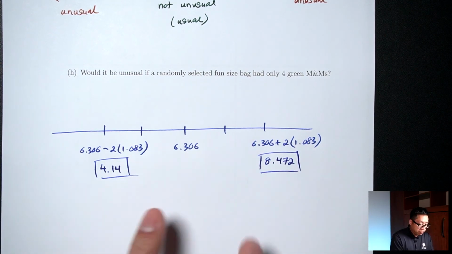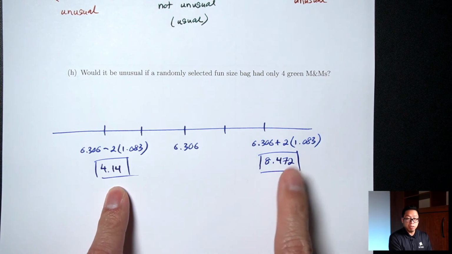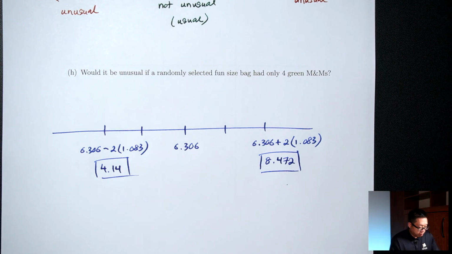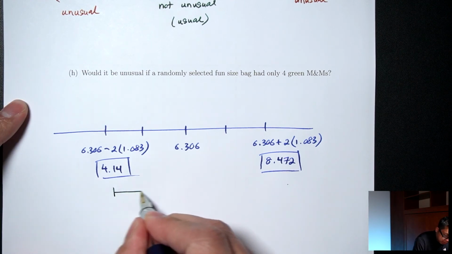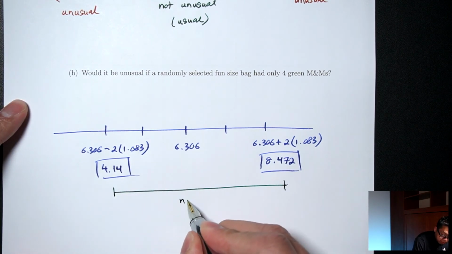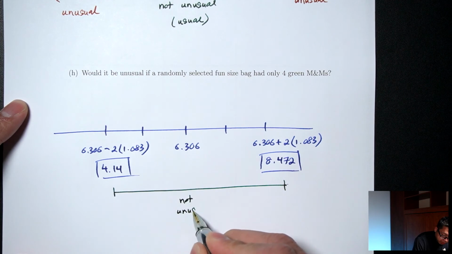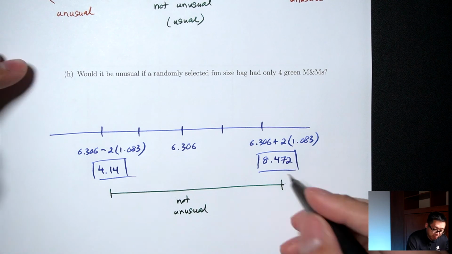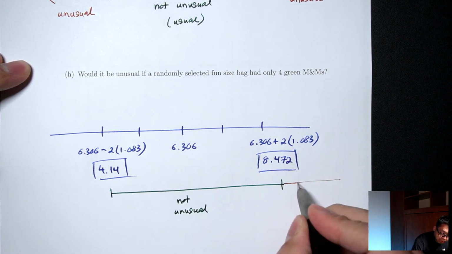Okay, our mean's in the middle, and these numbers are the 2 up, 2 down numbers. So in between is not unusual. On the outsides are unusuals.